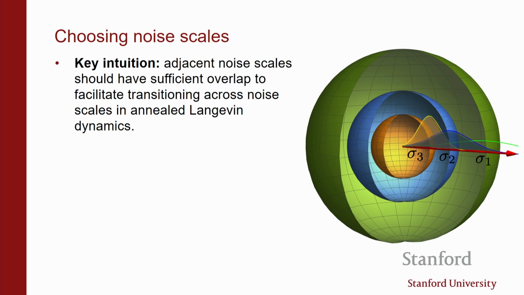So that when you use the samples obtained by running Langevin dynamics with sigma 2 noise levels to initialize the Langevin chain corresponding to noise level sigma 3, you have something that makes sense.